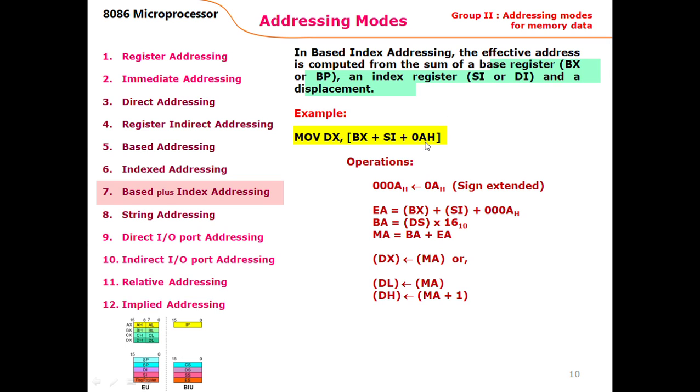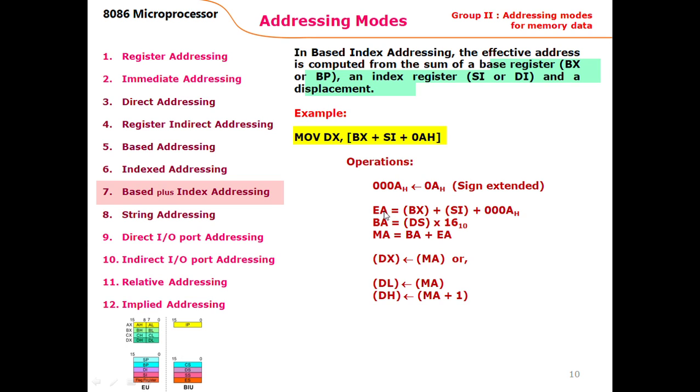Sign extension means extending it to a 16-bit value while keeping the sign of the displacement in its place. So 0A is sign extended by just appending zeros on the left side. If it were a negative number, then a 1 would be replicated here. So 0A is extended as 000A in hexadecimal.